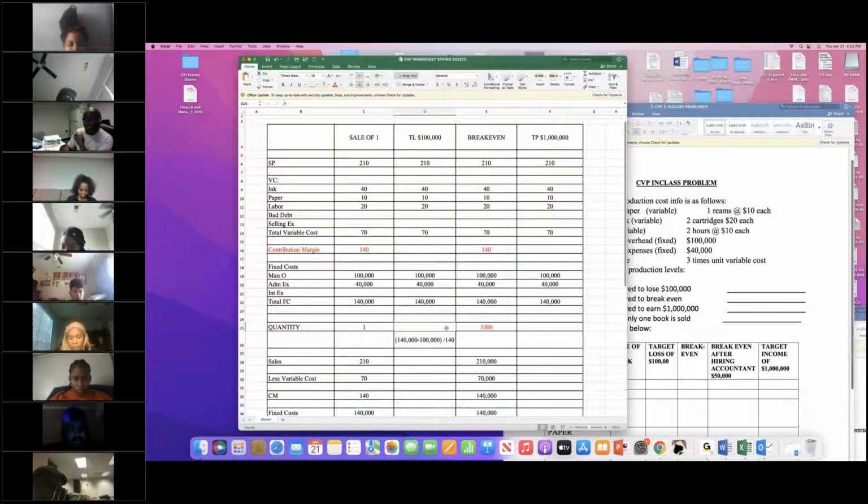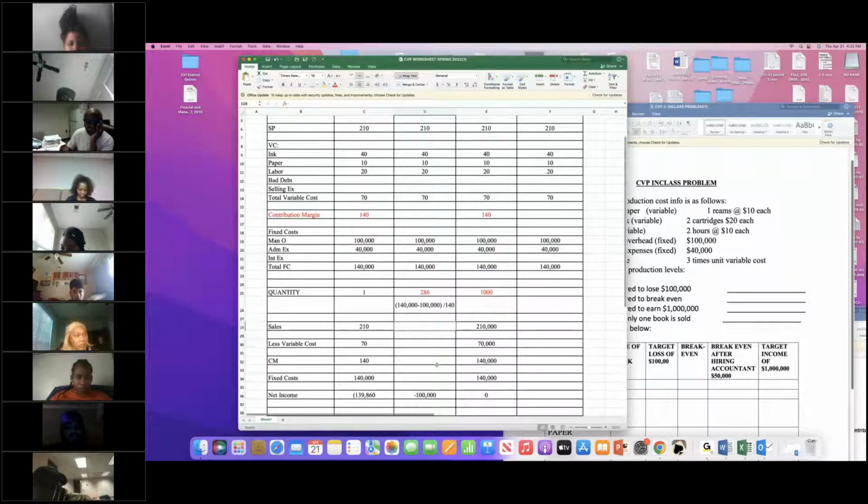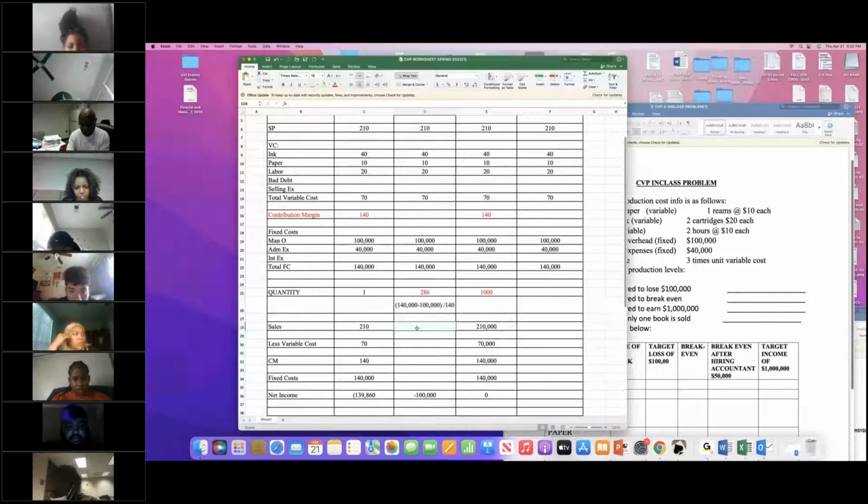So let's begin by multiplying by 286. See what happens. 286 times 210 is how much? 60,060.